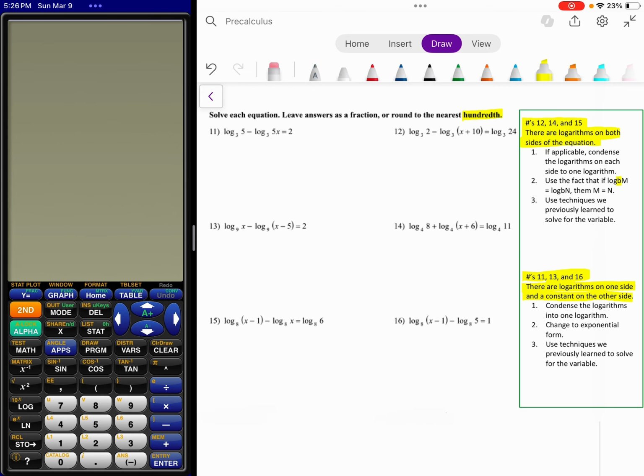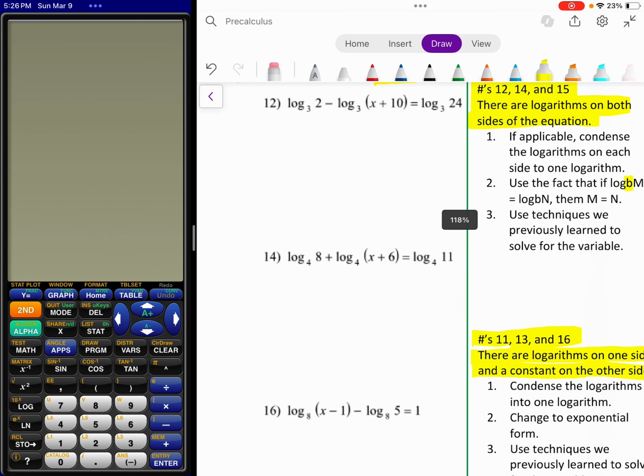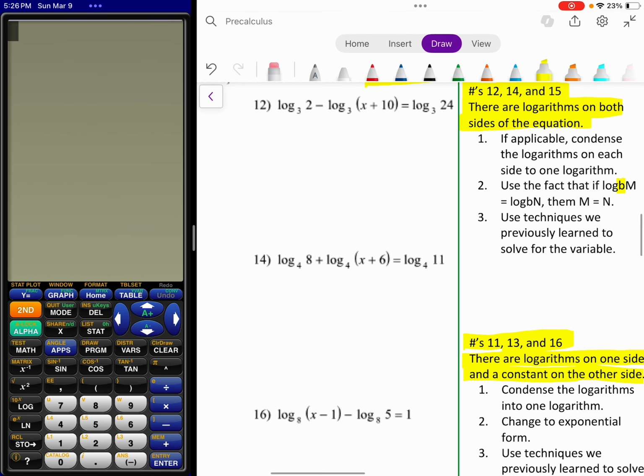So I'll zoom in a little bit since we're here at number 12 and 14. So number 12, step 1, it says, if applicable, condense each side. So let's look at the left side. Can we condense log base 3 of 2 minus log base 3 of x plus 10? And the answer is yes.